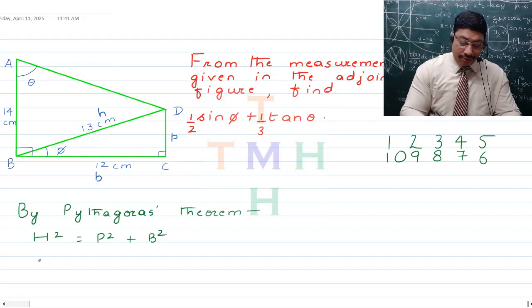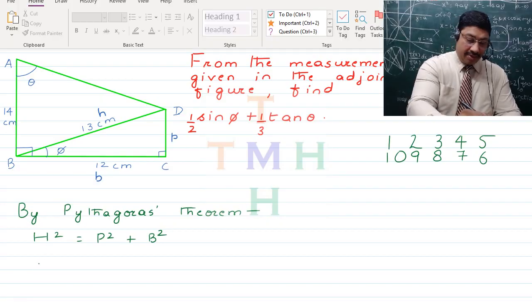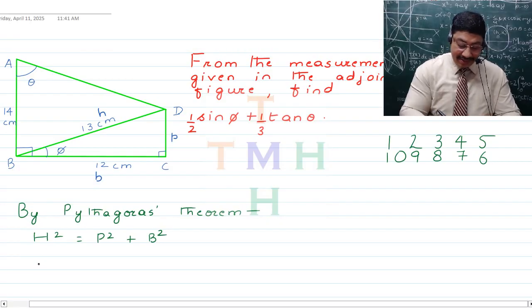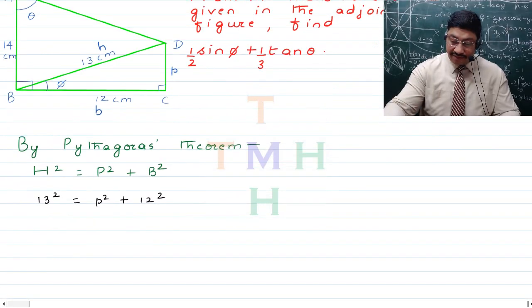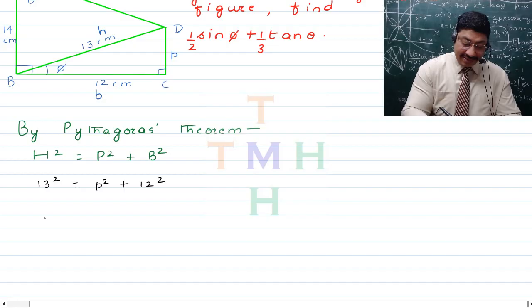As hypotenuse is known here, we will keep its value, that is 13, and we'll square it. To that is equated perpendicular square, which we do not know, so we will keep it as p square, and to that is added the base square, which is 12 square.